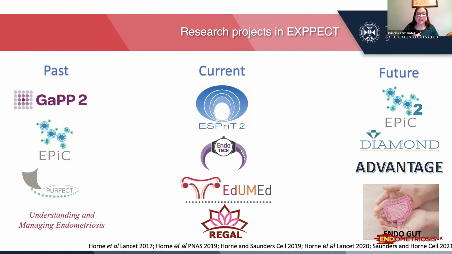Edumed is similar to Understanding and Managing Endometriosis, and it's the collection of samples for a lab, driven by the need of the patients and also of the scientists looking into endometriosis. Regal is one that we're looking at the moment, and I've written some notes here, and it's basically comparing long-term GnRH analog.